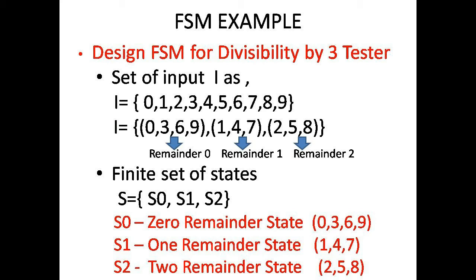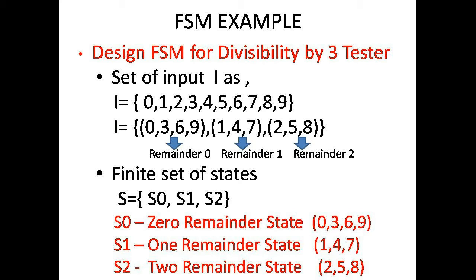As we know, the remainder of the result we obtain after dividing a given number by another decides whether it is divisible by that number or not. That is, if we get the remainder 0, then only the number is divisible by the given number.